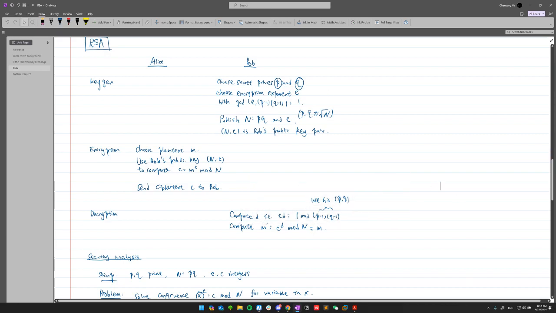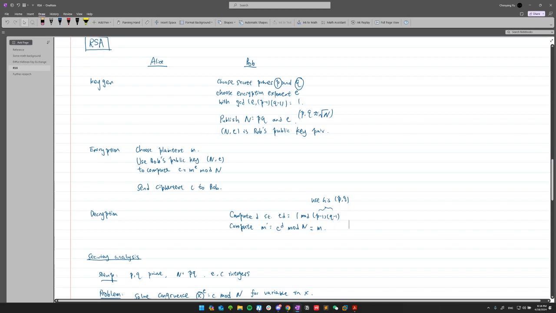So what is a trapdoor function? It means when I have certain information, I can compute the function. But without that information, it is impossible to compute it, right? So the reason why Bob can compute the decryption exponent D is he has information about P and Q. If any attacker wants to compute the same thing, the attacker has to do the factorization, which is assumed to be hard, right?